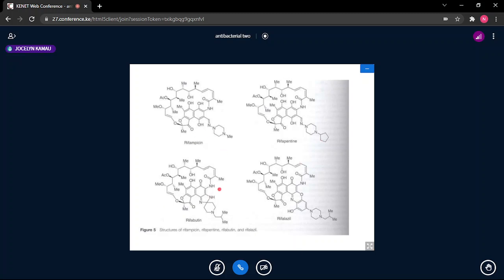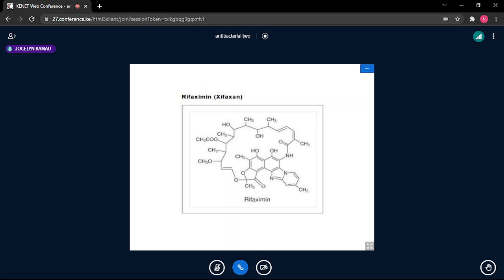If you look at all the other groups within the rifamycin moiety, the larger portion of the rifamycin, you see it is intact for it to have pharmacological activity. It cannot be changed. If you change it, then you also have another one, rifaximin.